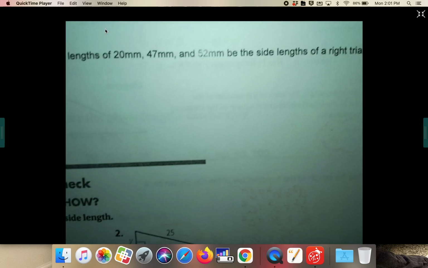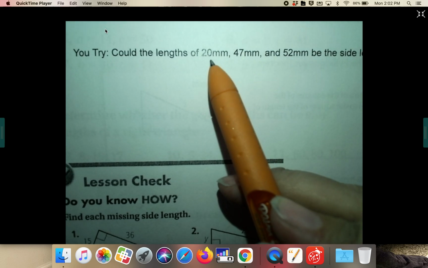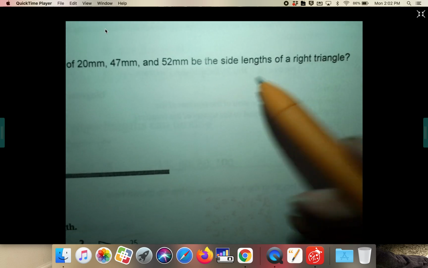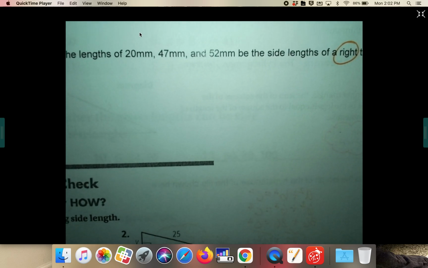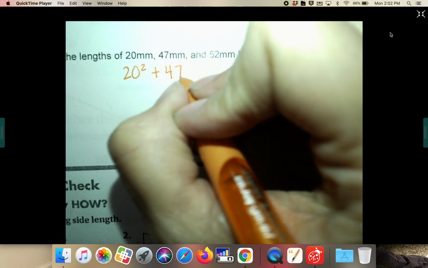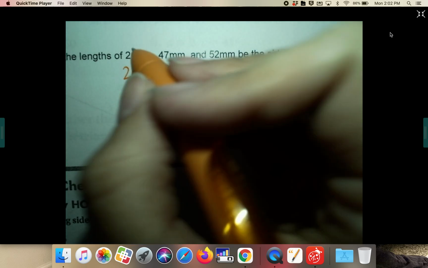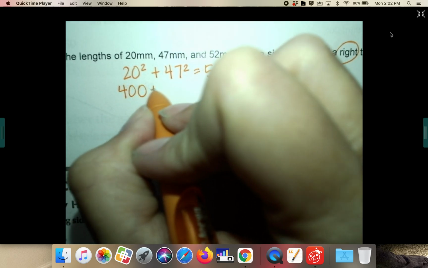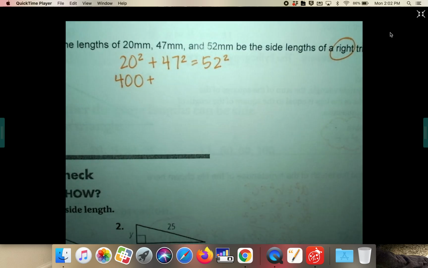Okay, pause the video and do the U-try. We're wondering if lengths 20, 47, and 52 could be a right triangle. All right, so you should have set it up just how we've been doing the other ones. 20 squared plus 47 squared, does it equal 52 squared? 20 squared is 400. 47 squared is 2209.